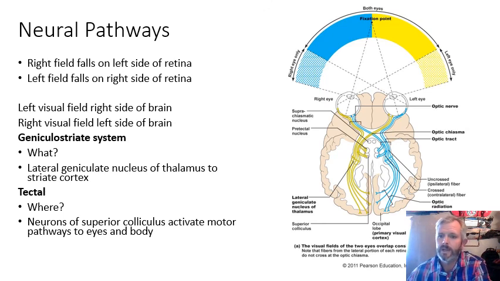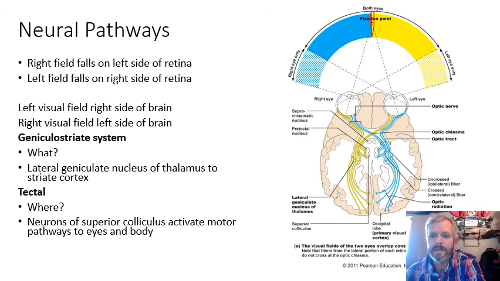Okay, so not all of what comes into the right eye, and this is looking almost upwards at a person, what's coming in at the right eye is not all going to the left side, and not all that's coming from the left eye is going to the right side. It has to do with what part of the visual field. Okay, right visual field, left visual field, and you can see how the light hits the different eyeballs.